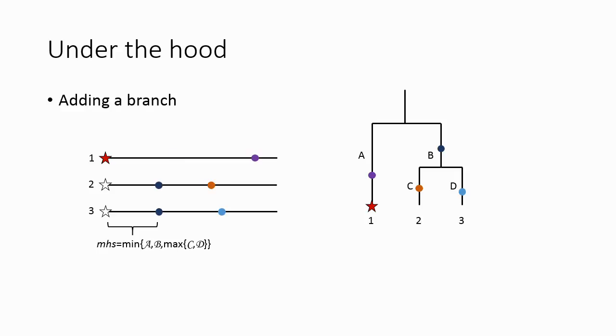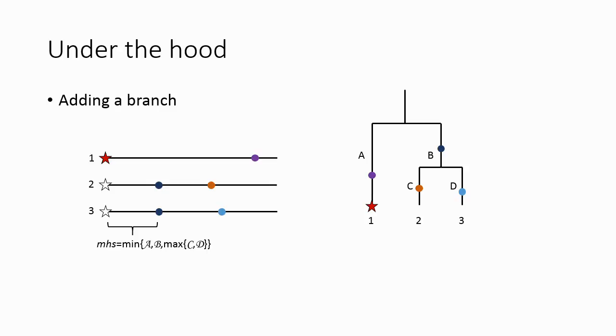Right, let's keep going. We've got a sample size of 3 here in one particular configuration. It's now got a few more colors. Maximum haplotype sharing will be the shortest distance to either a purple dot or a dark blue dot, or if both of them are shorter than either of those, the longer of the yellow and light blue dots.